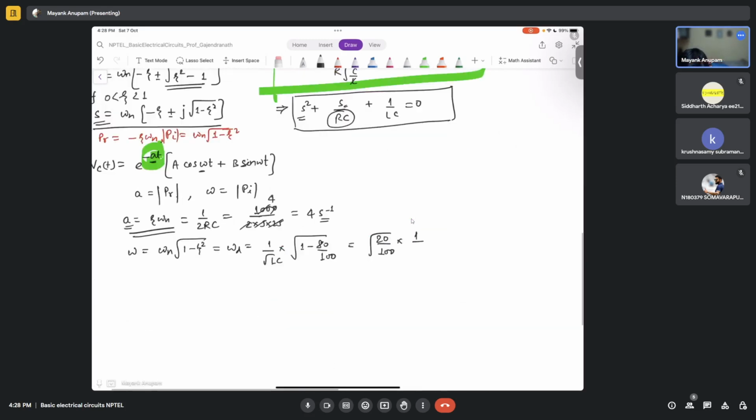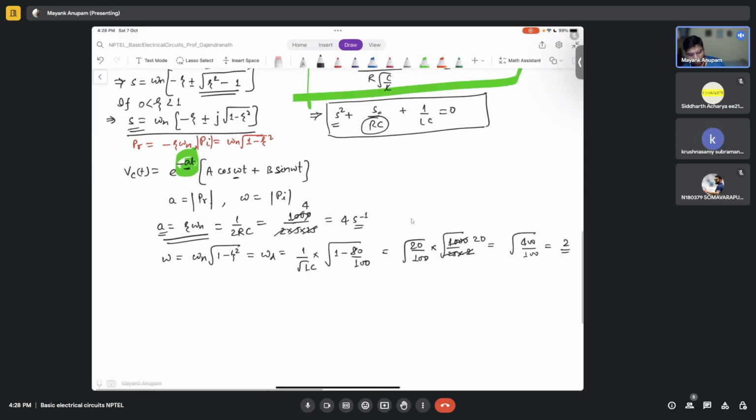So this is root of 25 milli times 200, which becomes 20 by 400, by 100, which becomes 2.